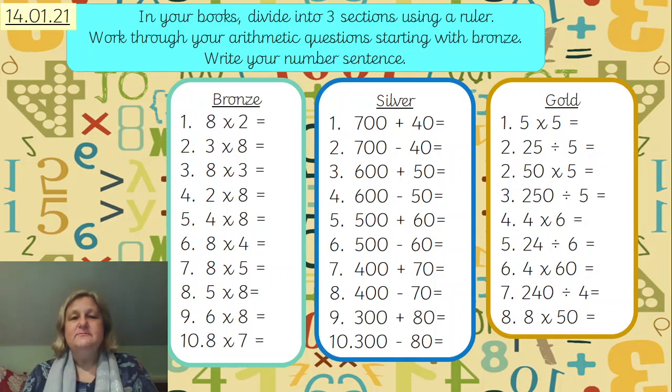We've got arithmetic first thing. We've got your 3 bronze, silver and gold questions. So hopefully you've got your book ready, split up for you to do the best you can with these questions. The gold ones today are using families of number sentences.